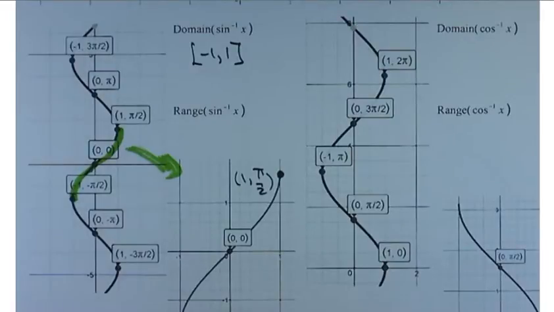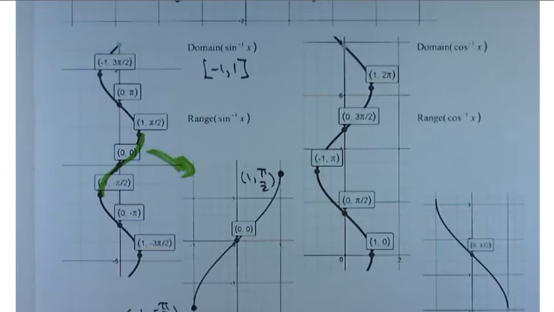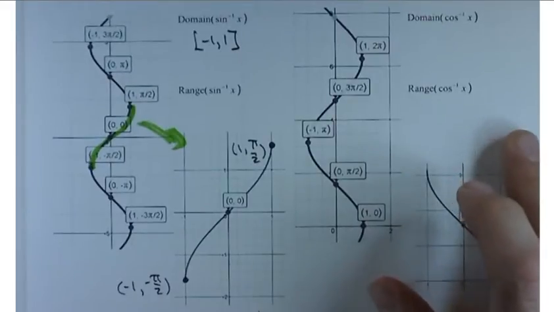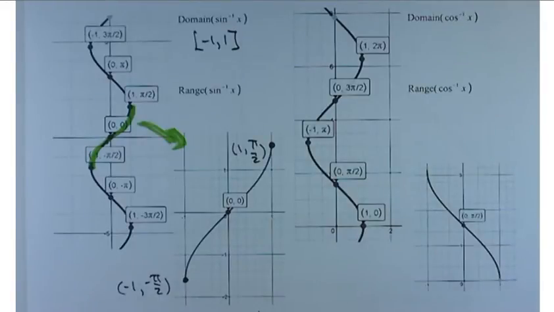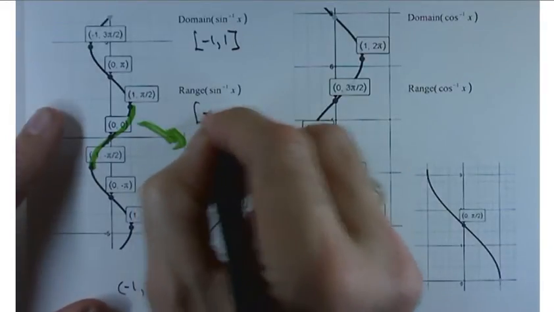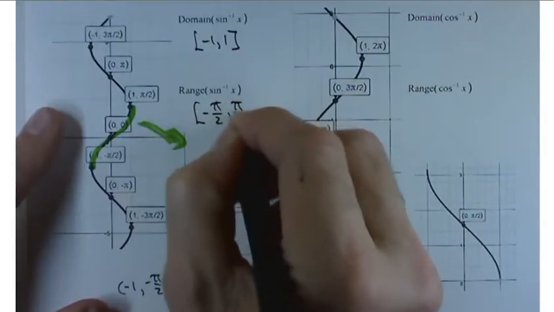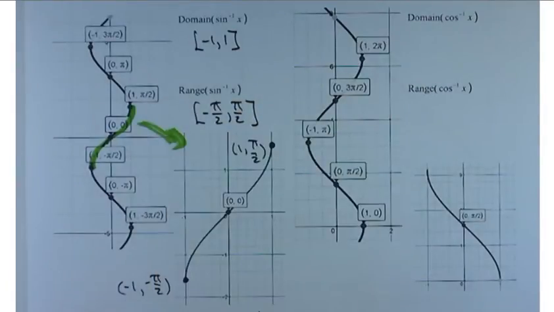How about the range? Good. Negative pi over 2 to pi over 2. So there's your domain, and there's your range of the inverse sine function.